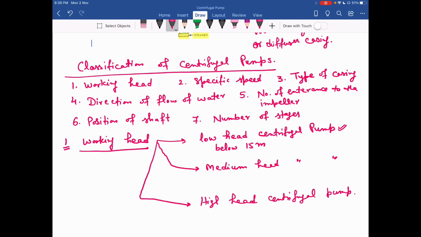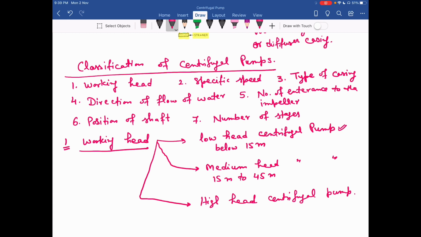Okay, then the medium head. So here the head lies between 15 meters to 45 meters. Okay, so these pumps may or may not be provided with guide vanes.